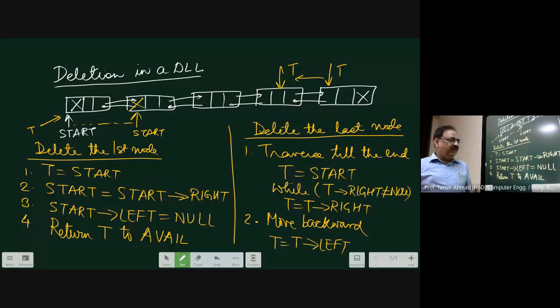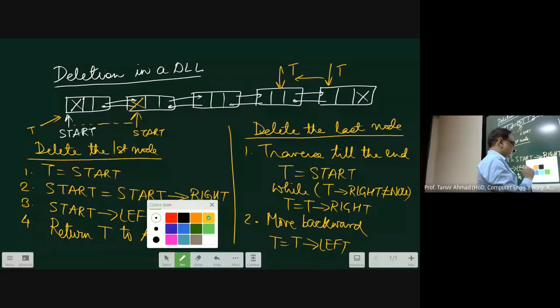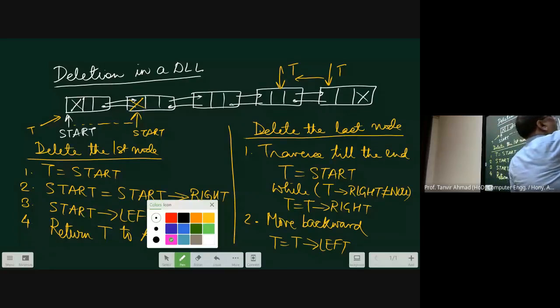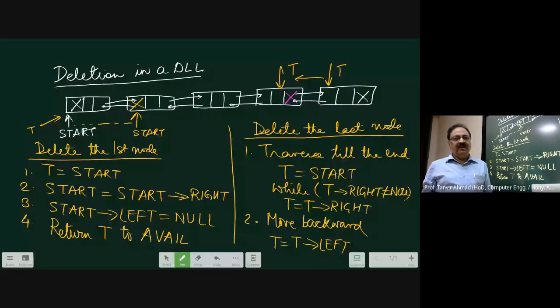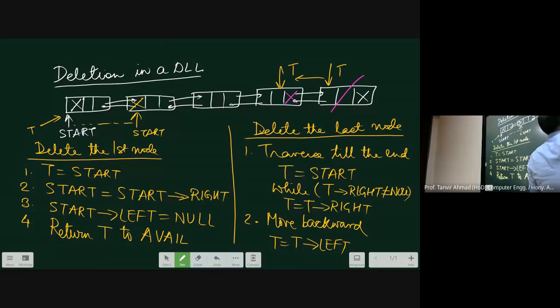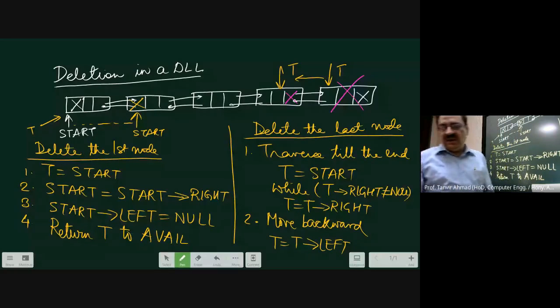Now after that, what do you do? You have to do only two things. First of all, make this null, and then return the old T to avail. That means you delete this one.